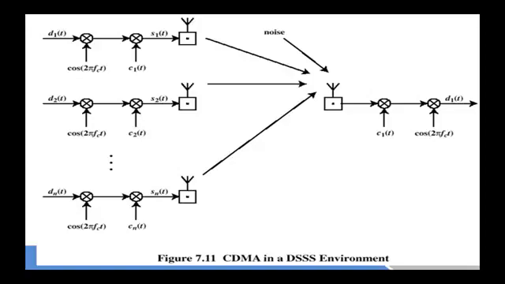For each user, the data stream to be transmitted, di of t, is binary phase shift keying modulated to produce a signal with a bandwidth of Ws and then multiplied by the spreading code for the user, Ci of t. All of the signals plus noise are received at the receiver antenna.